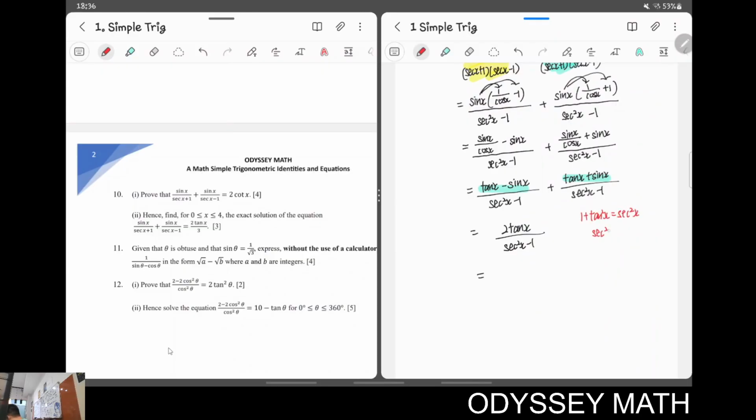So secant squared x minus 1 equals tangent squared x. Replace this with tangent squared x. We get 2 tangent x over tangent squared x. So this becomes 2 over tangent x, which is equivalent to 2 cotangent x, which equals the right hand side. Proved. So that is for 10 part 1 over here.